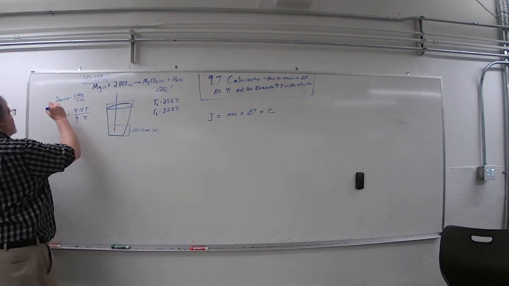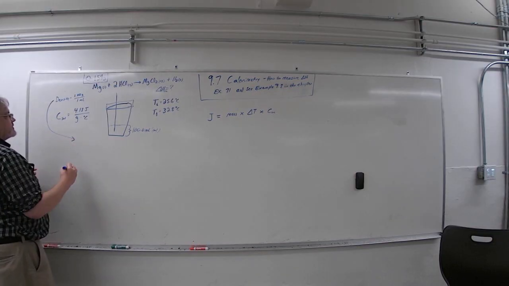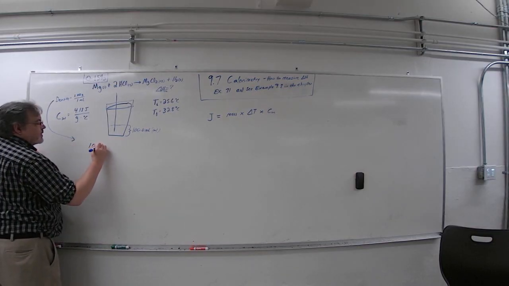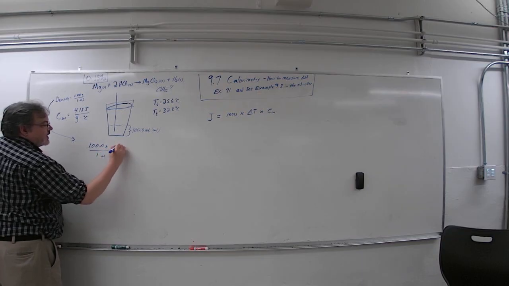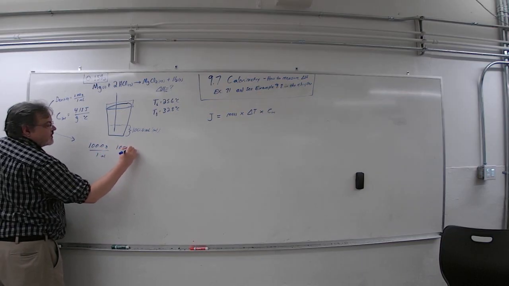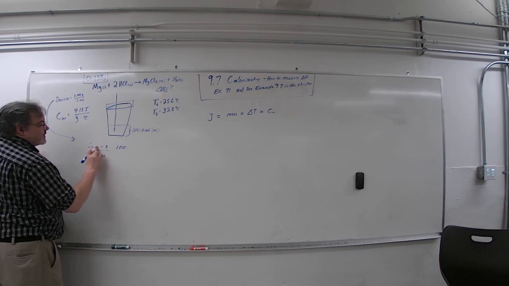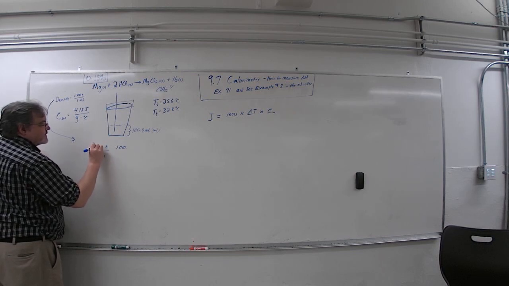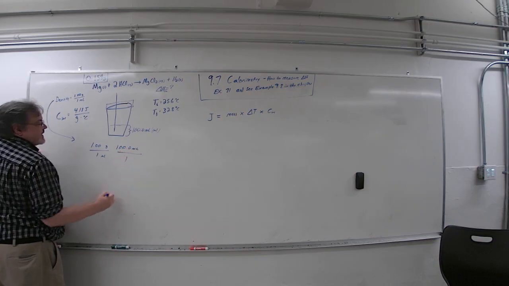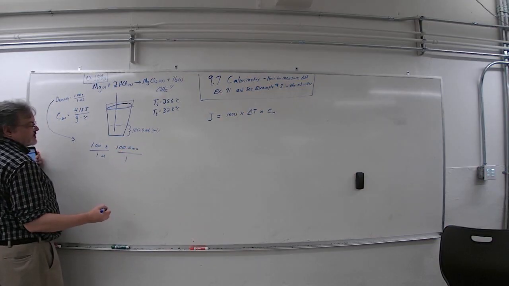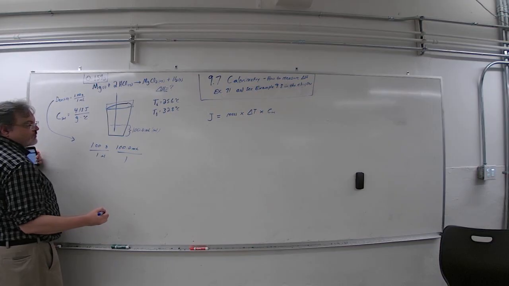To find the mass, you're going to use the density. You've got 1.00 grams per milliliter, and you've got 100 milliliters, so it essentially tells you that you've got 100 grams.